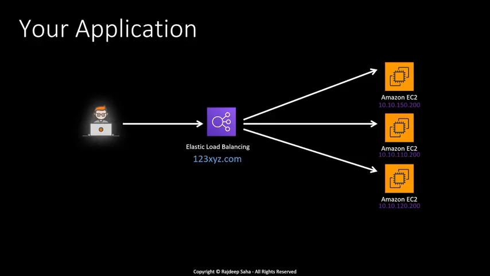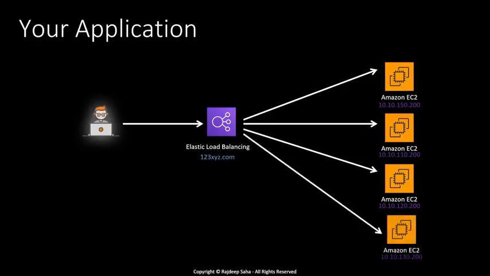And if the traffic goes up and your backend needs to scale up, and let's say it adds another EC2, the load balancer will automatically discover this new EC2 instance and start distributing traffic to it.